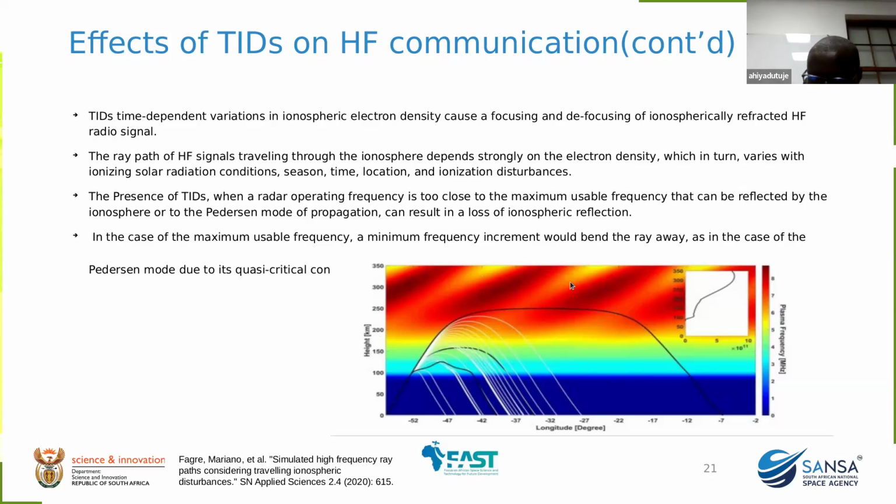Sometimes when there is a wave, this perturbation shows that there is a wave, the signal may focus or come together. When they focus, that is when you receive the signal. But when they defocus, your signal may be sent away because the electrons are not homogeneous. Then your signals may be sent somewhere else, and they may not reach the receiver. That is how TIDs affect communication, especially HF.